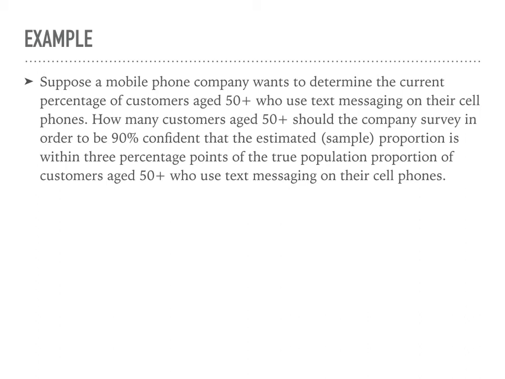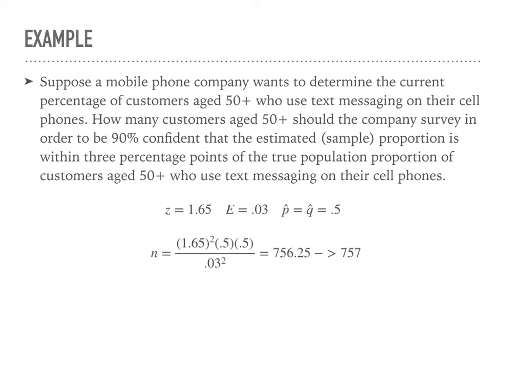And our p hat and q hat, we would set both of them equal to 0.5 because we do not have an estimate. So that tells us that we would need to sample 757 customers aged 50 plus to find the proportion within 3 percentage points that do use text messaging on their cell phones.